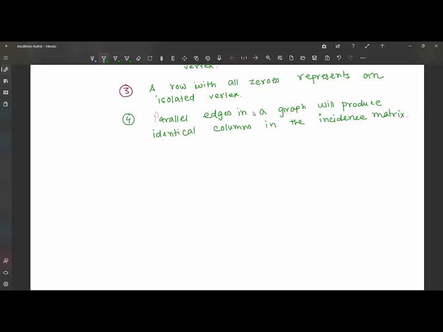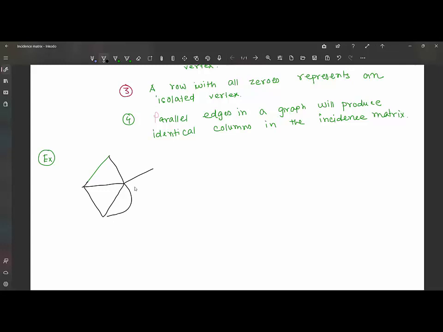So before going to the disconnected graph, we will discuss another graph. We are taking another graph for consideration. This is another example of a graph. Suppose this is the figure of the graph.